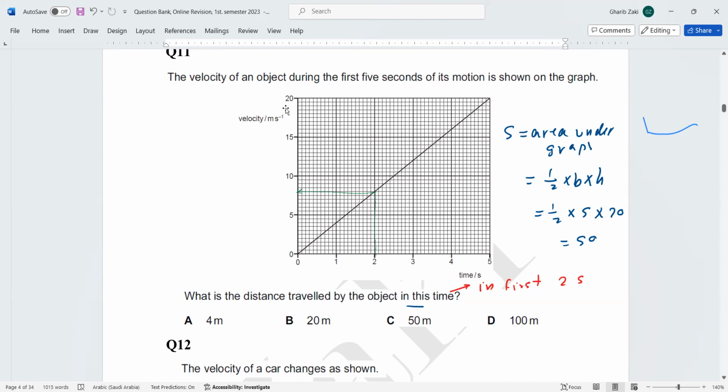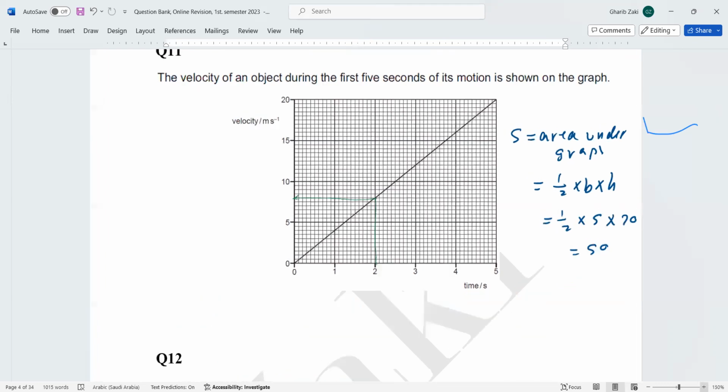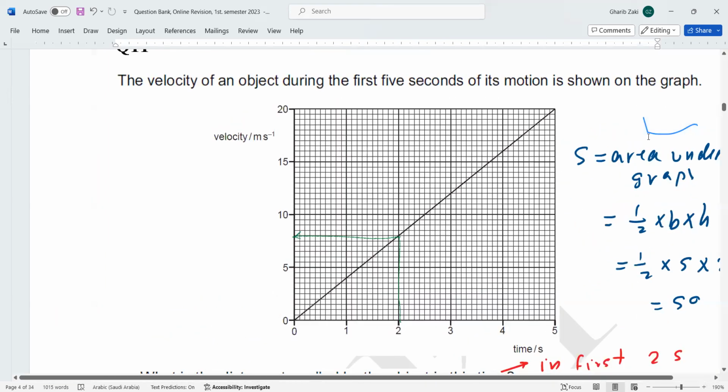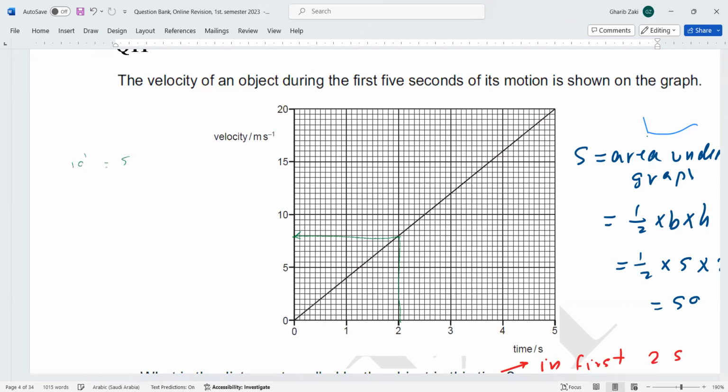Now I increase here to get this answer. So it is 0, 1, 2, 3, 4, 5, 6, 7, 8, 9, 10. So 10 dashes equals 5. So 1 dash equals 5 divided by 10, which is 0.5. So each one is 0.5.